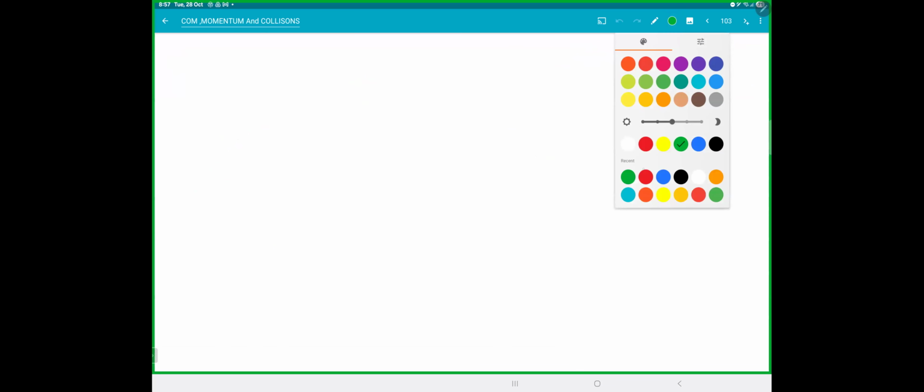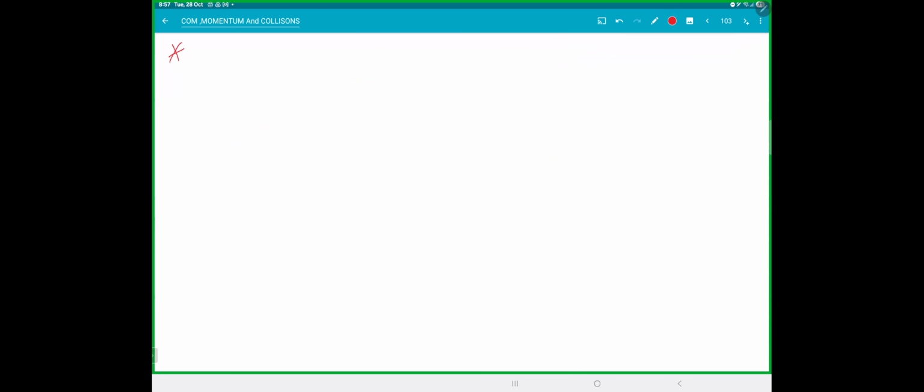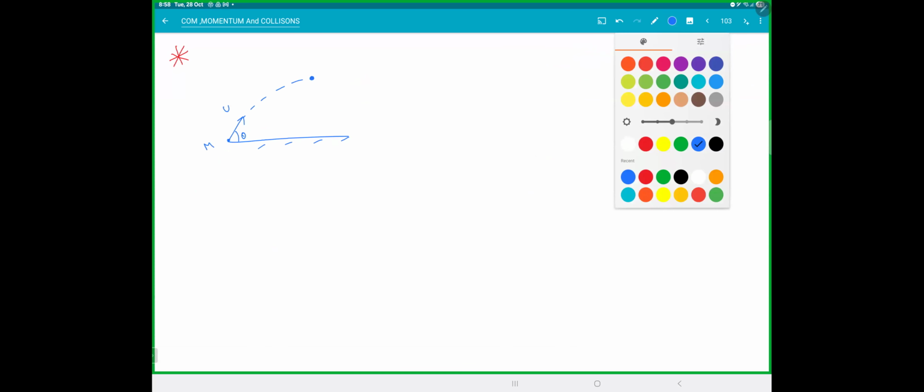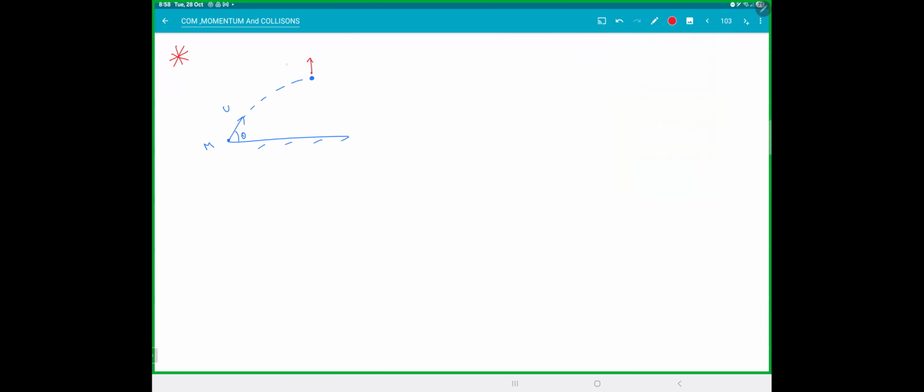So when you're trying to use this, always ask yourself, this is important. In that first part, when we did that explosion problem, we got two pieces, one is flying up and one is going something like this.